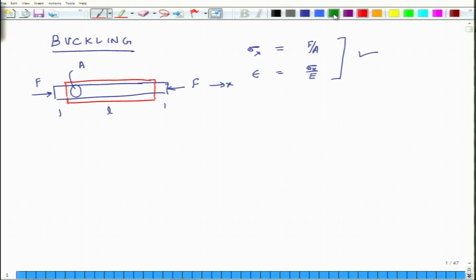But in reality, if the force exceeds a particular threshold, the bar becomes something like this. Here the bar buckles.